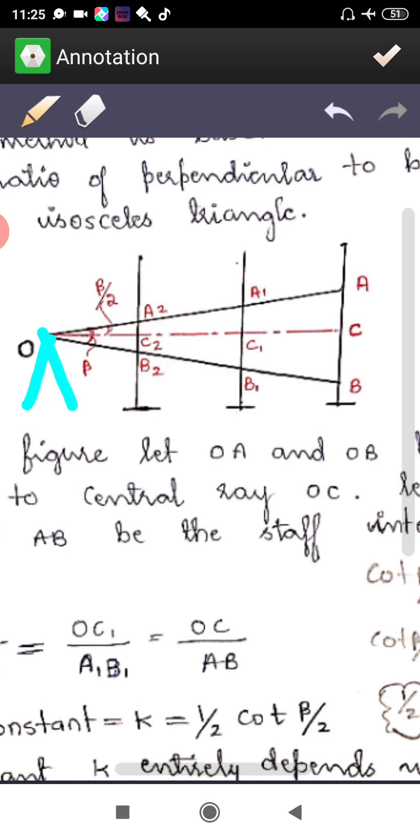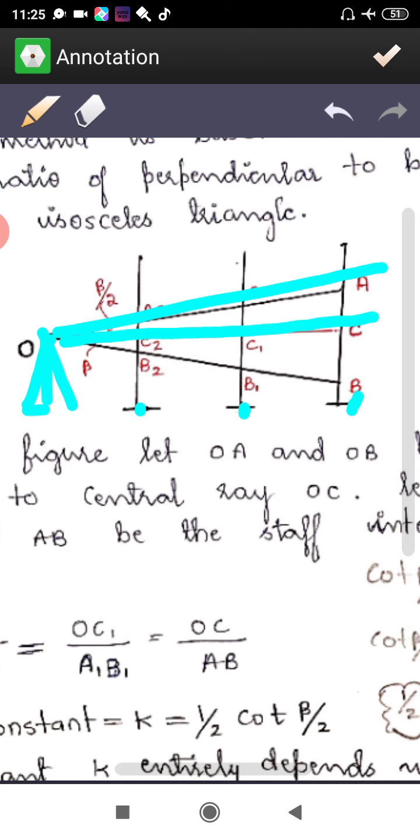Set the instrument at a station and keep the staff at equal distances, so that you can have similar isosceles triangles. Then you will be having readings like this, three crosshair readings. So here OA and OB are equally inclined to the central ray OC.